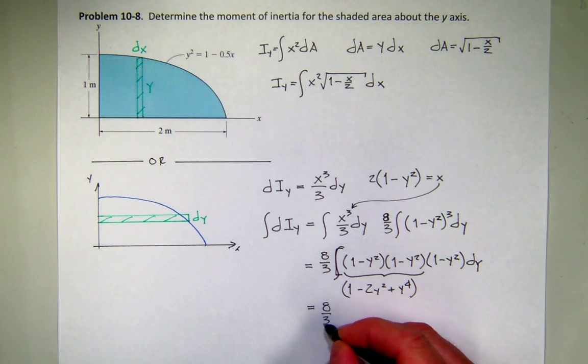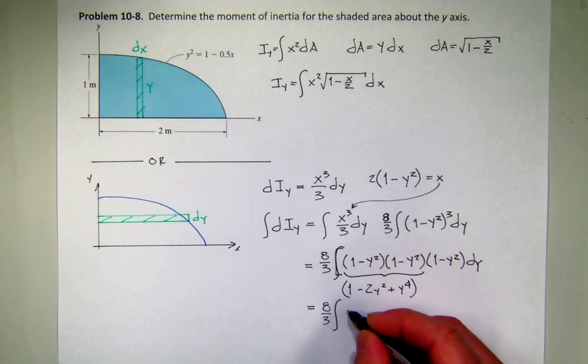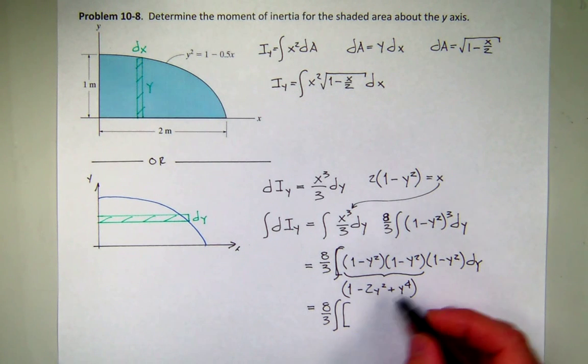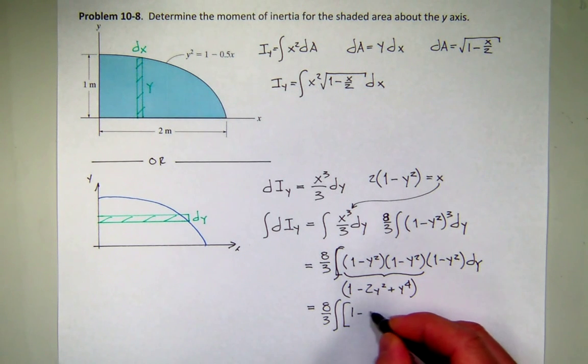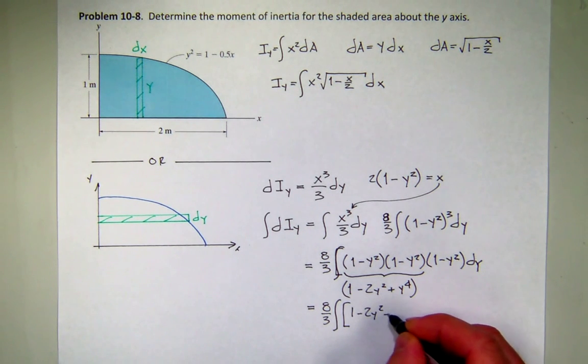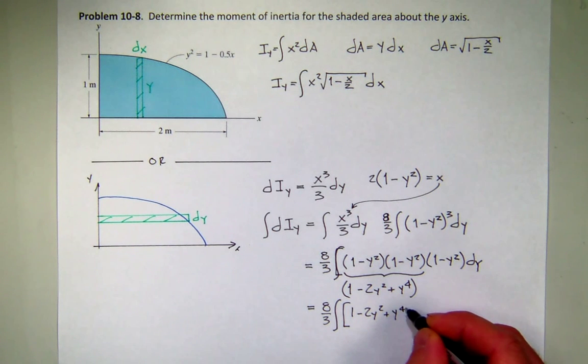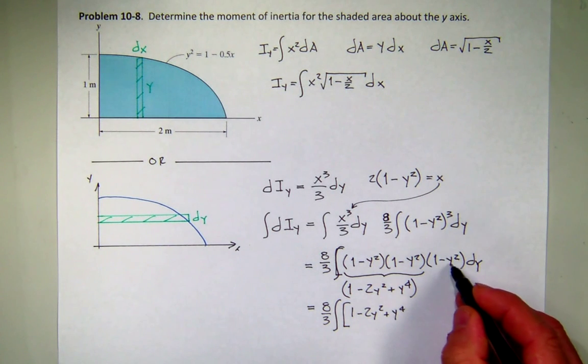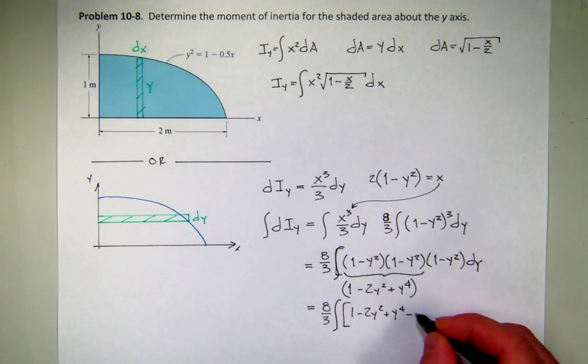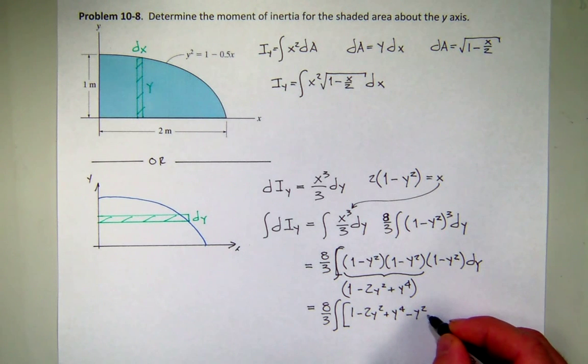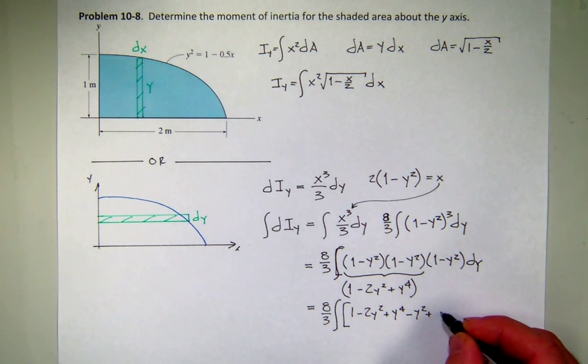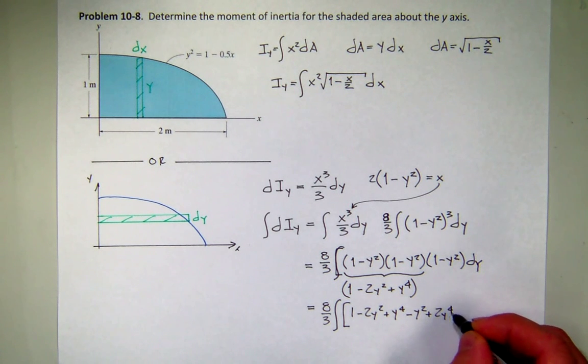So 8/3 integral of 1 times all that is 1 minus 2y squared plus y to the 4th, and then negative y squared on each one of those: negative y squared, positive 2y to the 4th, minus y to the 6th.